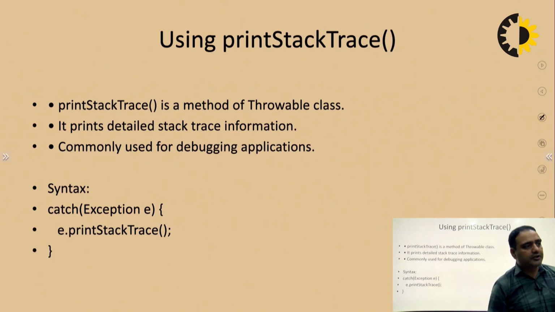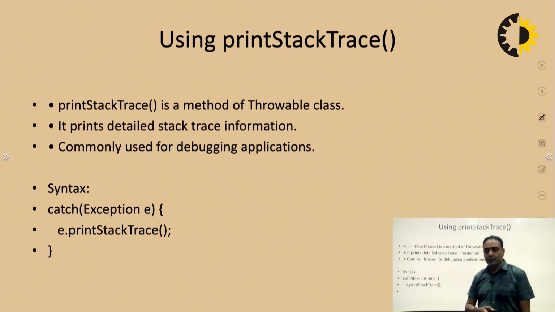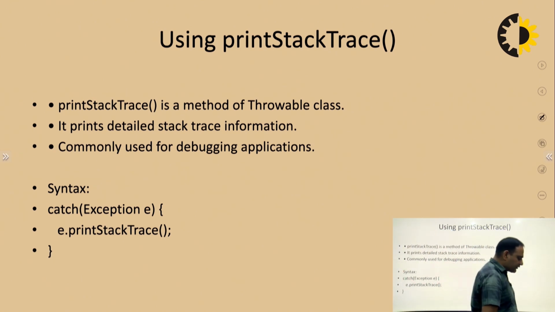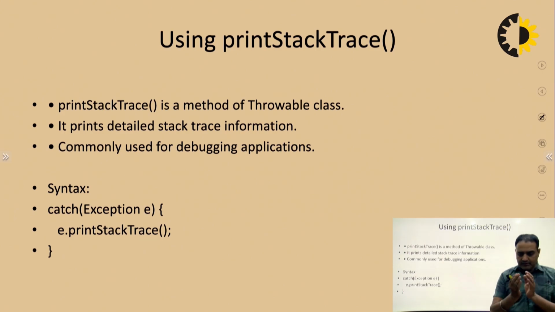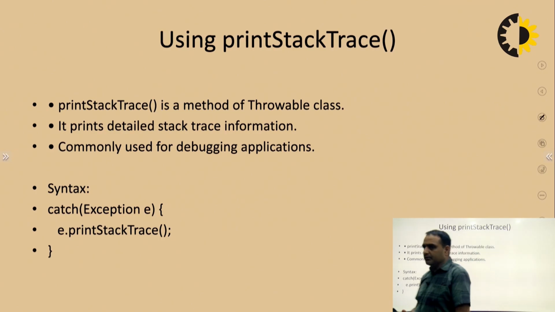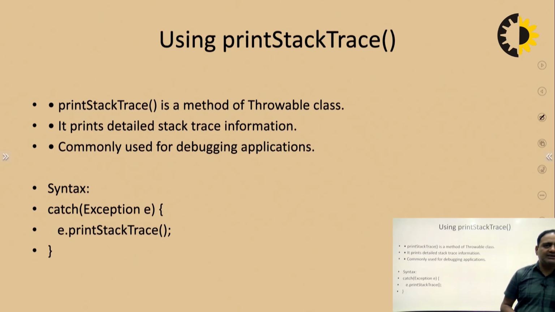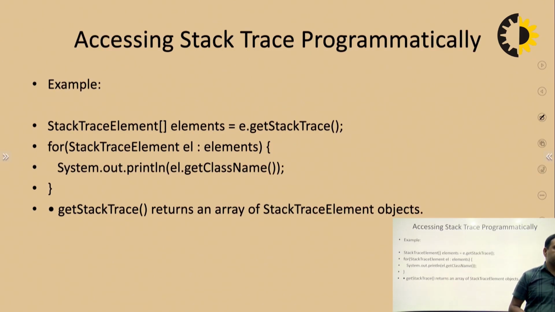In catch (Exception e) { e.printStackTrace(); }, you write the code in a try block. The try block throws the exception, and the catch gets the exception in an object. This object is known as e, and e belongs to the Exception class, and you can get the detailed information of the exception through printStackTrace.